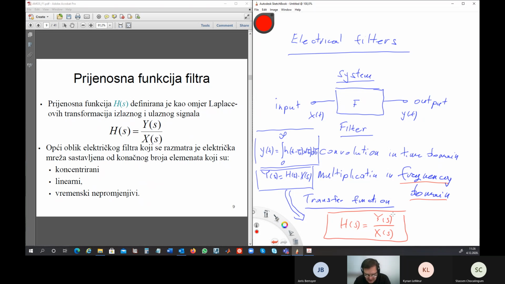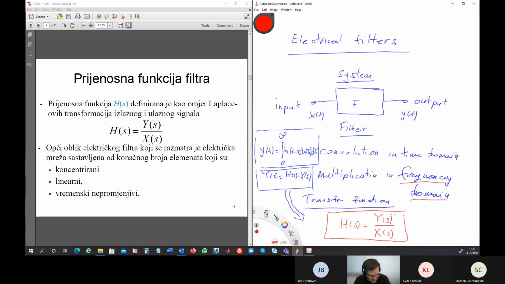The elements of the filter or the system are concentrated, they are linear and they are time invariant. The components such as resistors, capacitors, and inductors are constants, so they don't change with time.